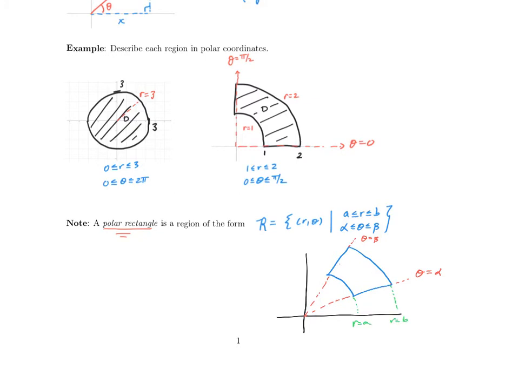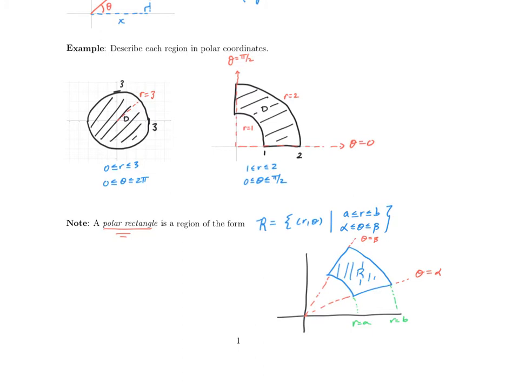And this is a polar rectangle. So even though it may not look rectangular, right, this is a circle actually, they are polar rectangles because of how the r and the theta values are bounded between constants.